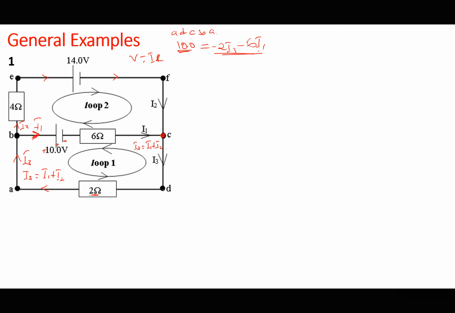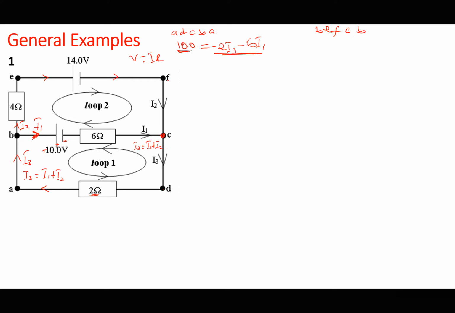If I consider another loop, which is loop 2. Loop 2 is, say, from B, because when you look at the arrows, it is clockwise. So it could be from B to E to F to C back to B. For the sum of EMFs, moving from B to E there is no cell.